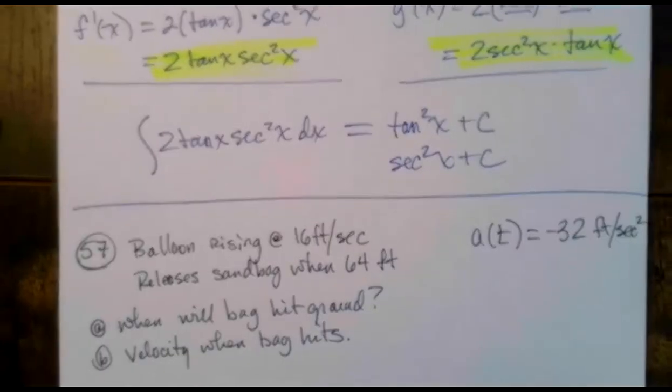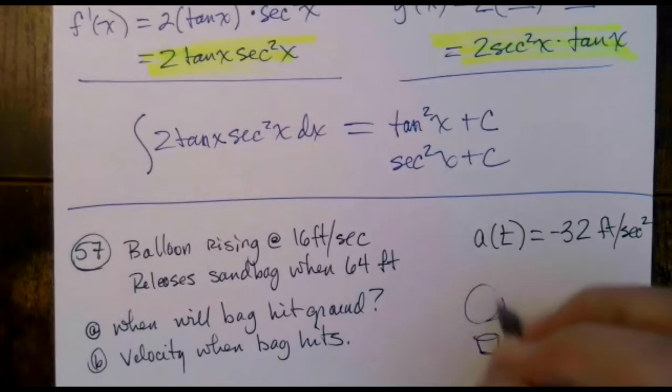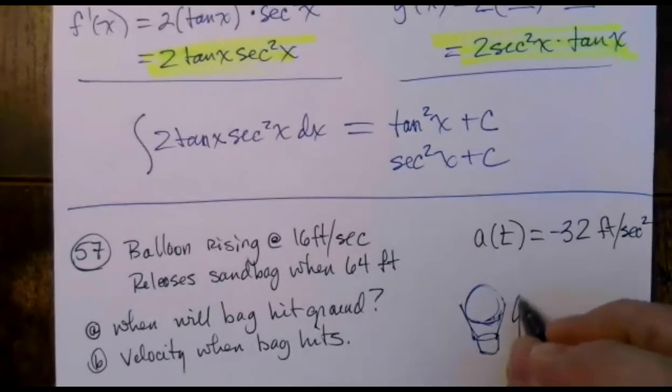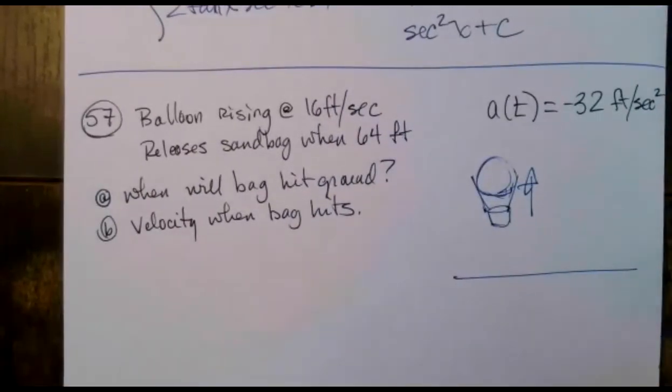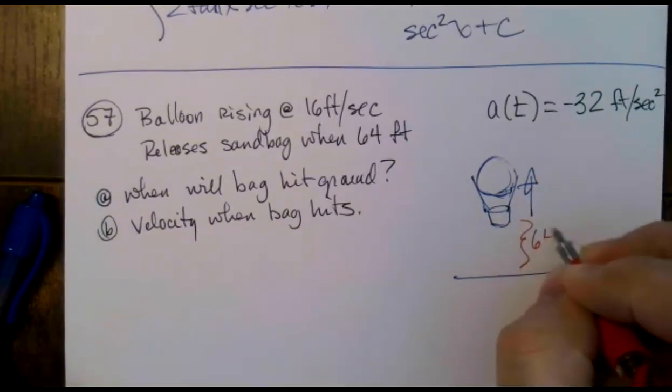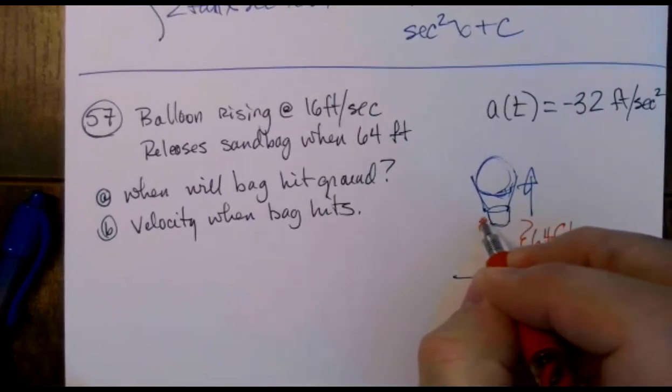A balloon is rising. I think they're thinking like a big balloon, one of those balloons where you see people flying around and stuff. It's going up. And when it gets to 64 feet up, they drop a sandbag out.